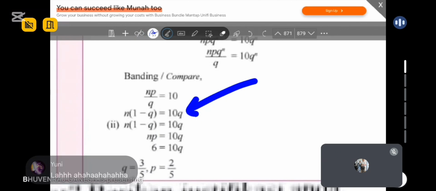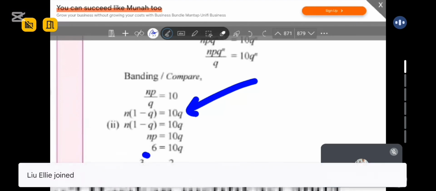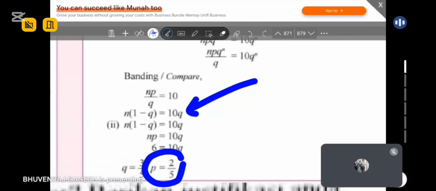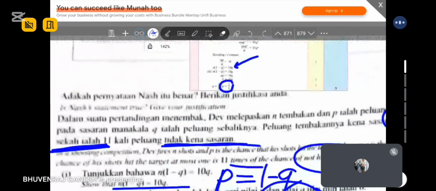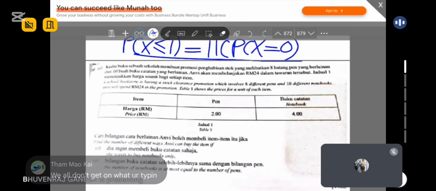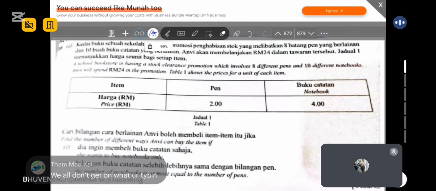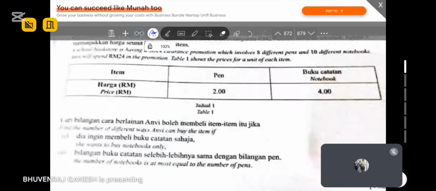Okay, so 6 is equal to 10q. So, selesaikan sajalah. Just solve for your q. Okay, so then p will equal to 2 over 5 because total probability p plus q should equal to 1. Okay, p tambah q mesti dapat 1. Okay, so that's all. Question 9 done already. Okay, so 1 or 2 guys? 1 atau 2?